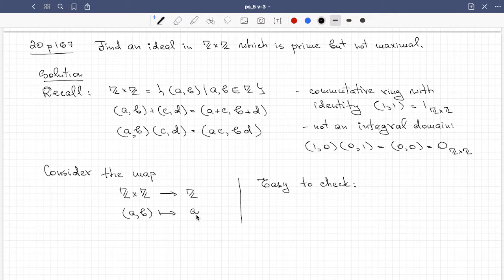Any integer appears in the image because any integer can stay as the first component. So this map is a surjective homomorphism.